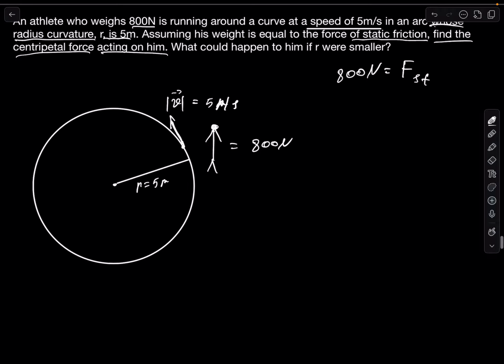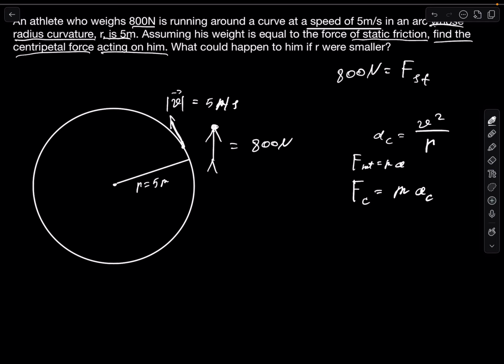I told you that centripetal acceleration is equal to velocity squared over the radius. Well, technically, the centripetal force is equal to mass times centripetal acceleration. This comes straight out of Newton's second law, which is net force equals ma.